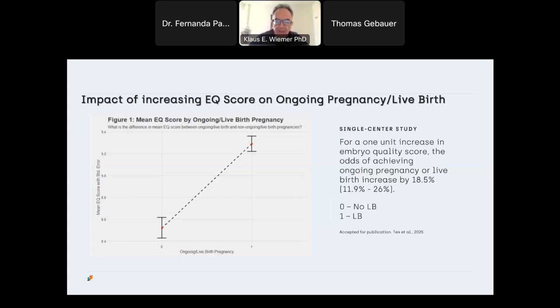And what we found with them was that for every 1 unit in an embryo quality score, the odds of achieving a live birth increased by about 18.5%. And so for once, now we have an objective enough embryo quality score, unlike a more subjective score that's based on the appearance of the embryo. We can actually correlate what an embryo quality score as determined by AI is and how it's going to impact pregnancies.